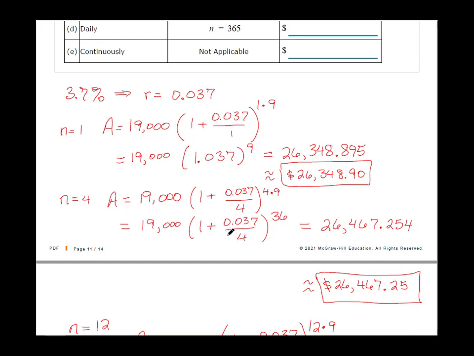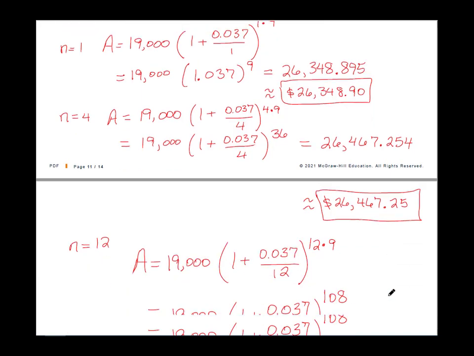You first calculate this, 0.037 divided by 4 equals. Add 1 equals. Raise that number to the 36th power. Then multiply by 19,000, and once you round it to money, 26,467.25.